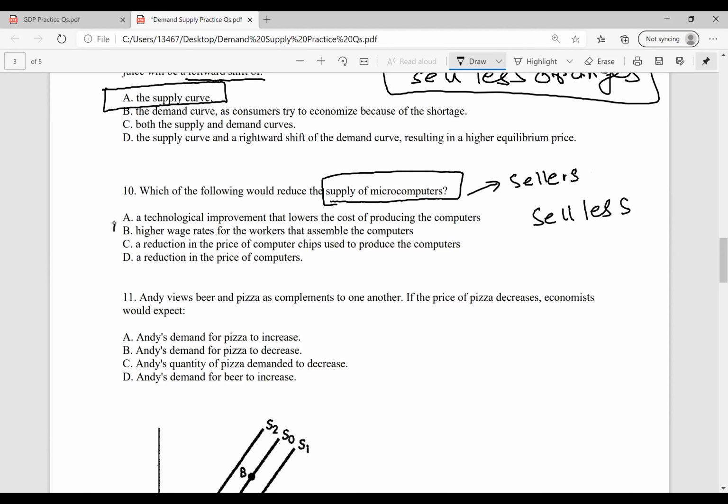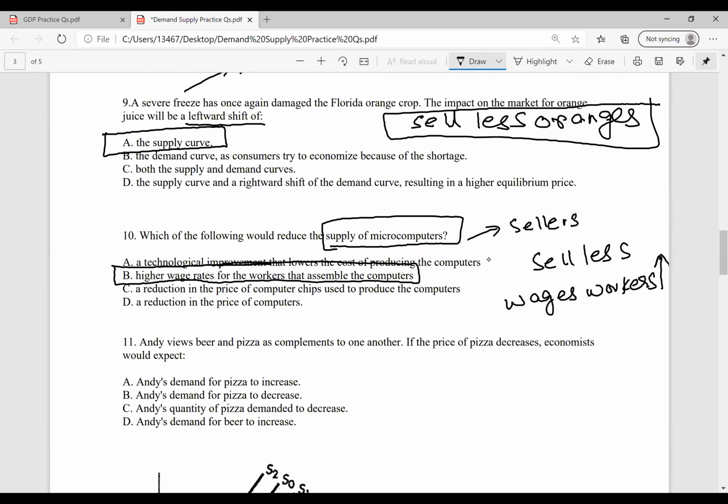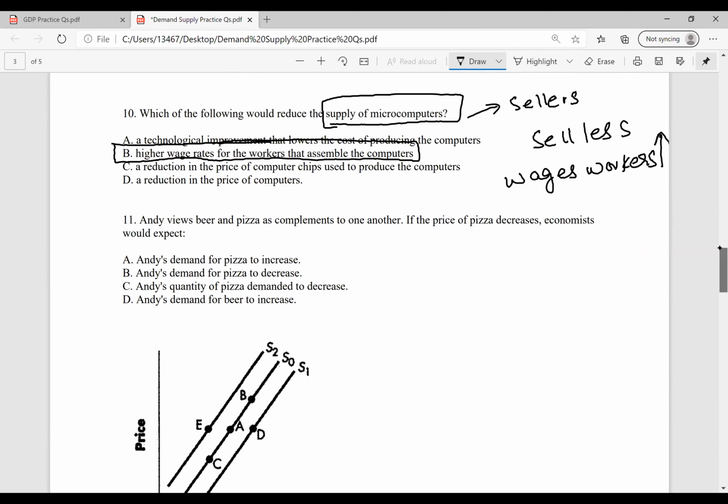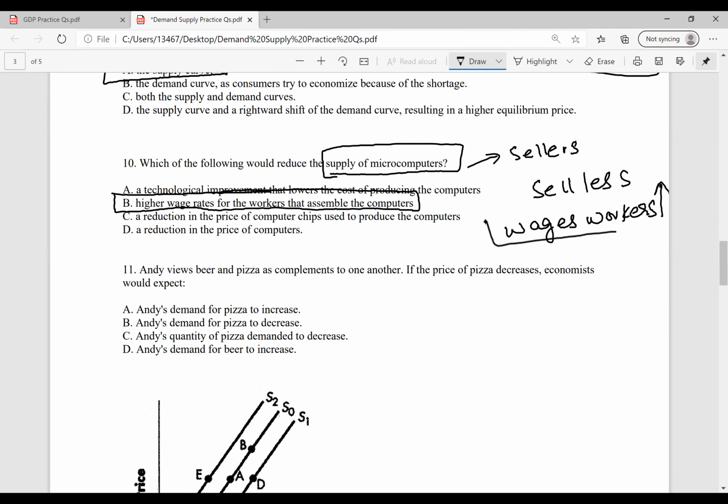Okay, my answer to this question is going to be B, which says the wages are going up. That means when the wages of workers go up, this means the cost of production just went up.